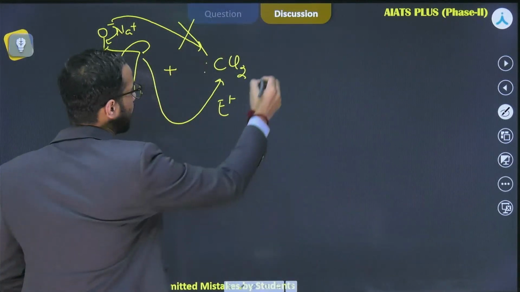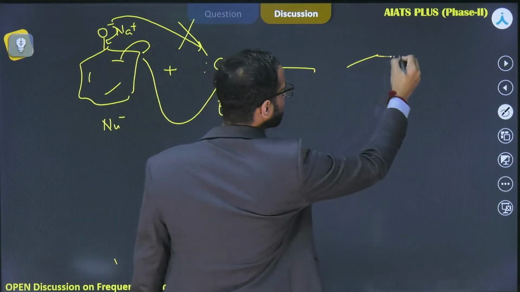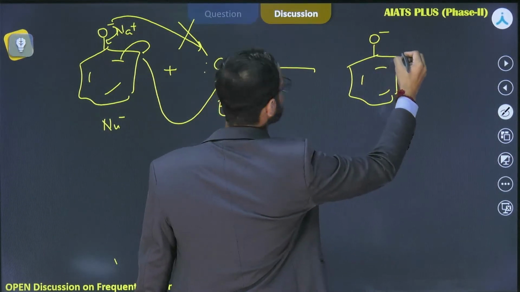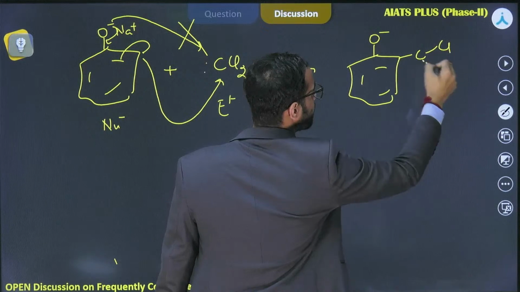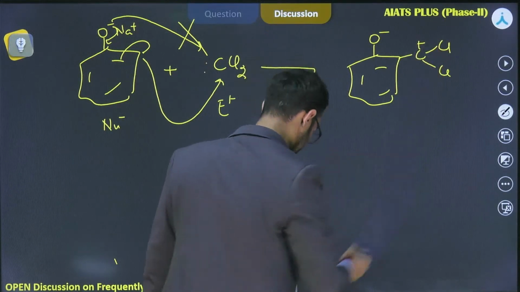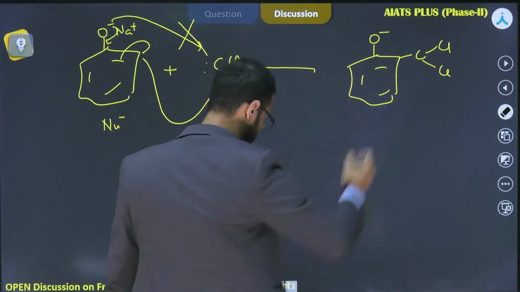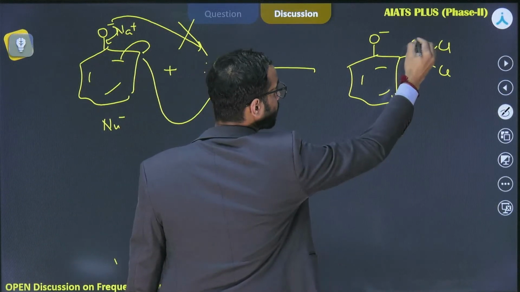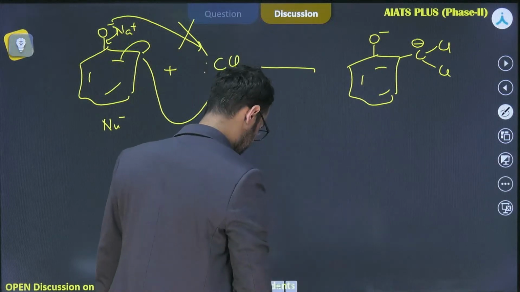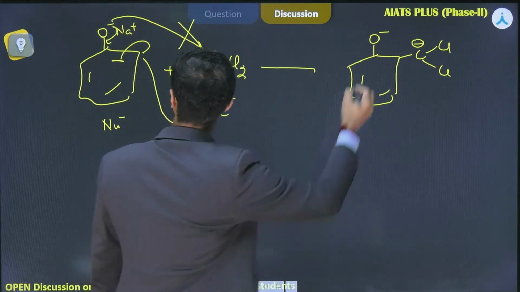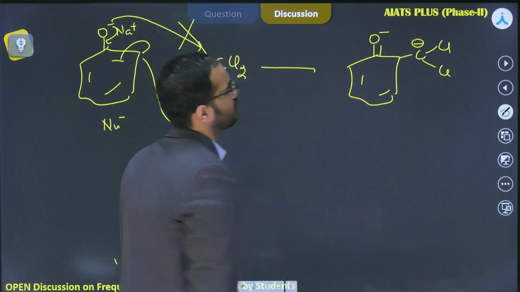And then what will you get? You will have O minus, CCl negative. You will have a negative charge here. So sorry. The double bond is here.